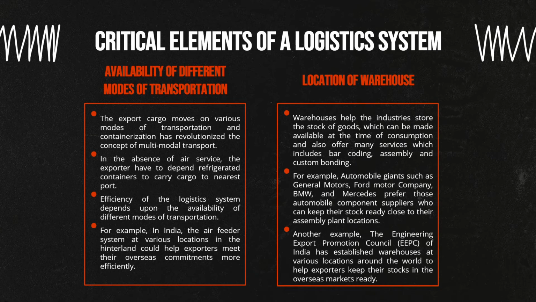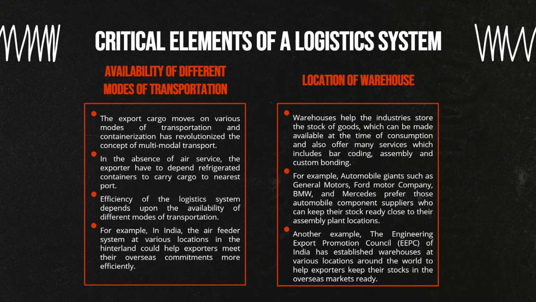Next, location of warehouse. Warehouses help the industry store the stock of goods which can be made available at the time of consumption, and also offer many services which include barcoding, assembly, and custom bonding. For example, automobile giants such as General Motors, Ford Motor Company, BMW, and Mercedes prefer those automobile component suppliers who can keep their stock ready close to their assembly plant locations.